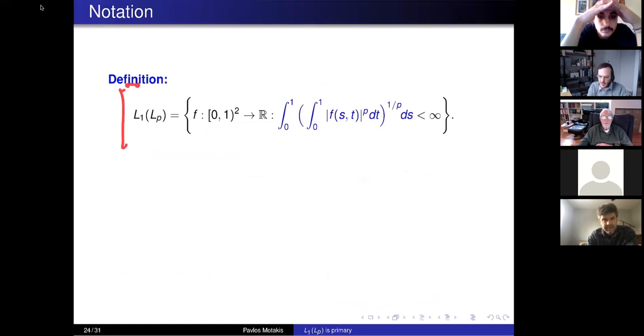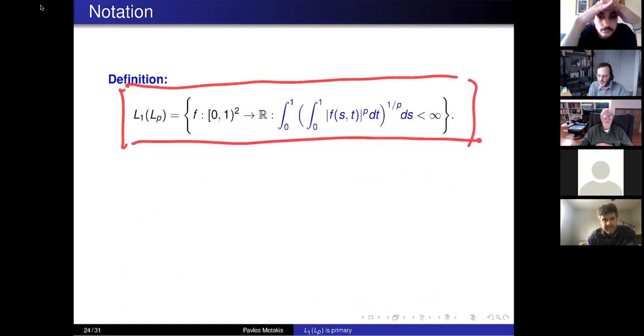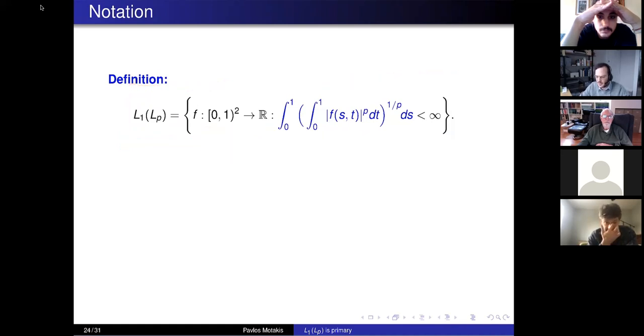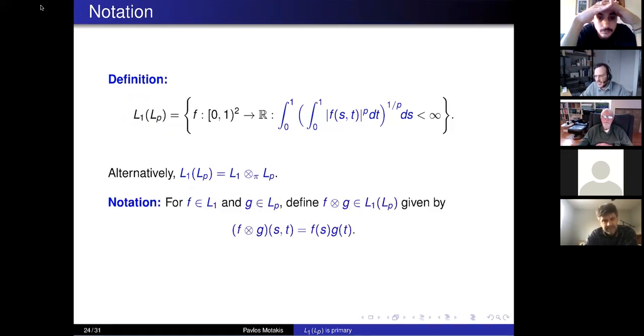This is the space we're looking at. It's the space of all functions defined on the unit square for which this double integral formula is bounded. And since you're operator theory people, maybe you prefer this identification. In fact, capital L1 of capital P can be identified with a projective tensor product of capital L1 with capital P. And being a projective tensor product, you can talk about tensors.